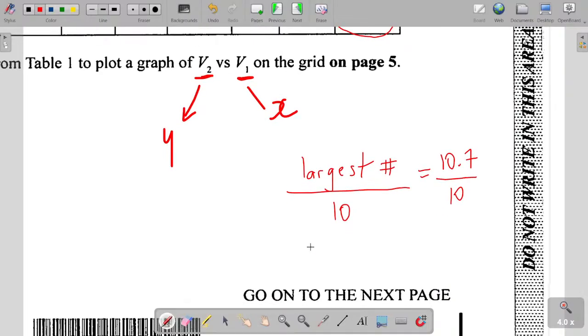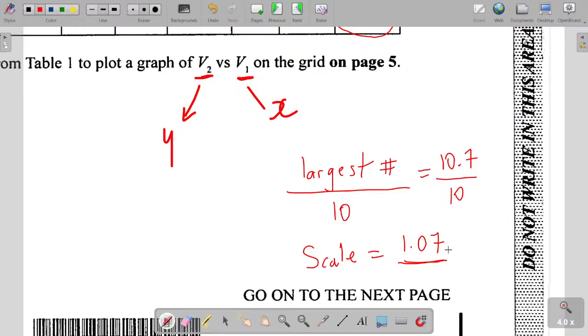And so my scale that I will use on my y-axis should be 1.07. Now, even though we get 1.07, this is not a number that we can count up by easily.